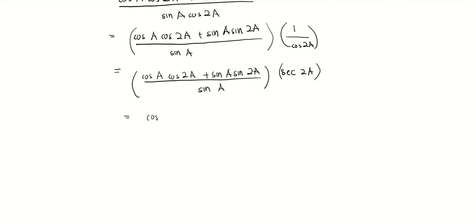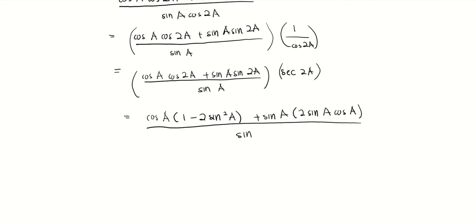Cos A we let stay the same, cos A. But cos 2A, we can substitute with 1 minus 2 sine squared A. Sine A is the same, and sine 2A is 2 sine A cos A. All this is over sine A, and out here we have sec 2A.